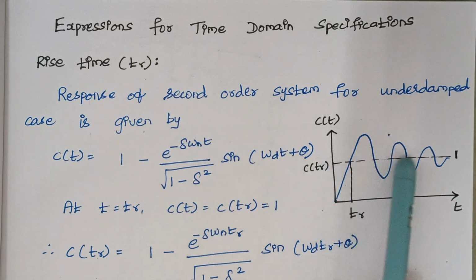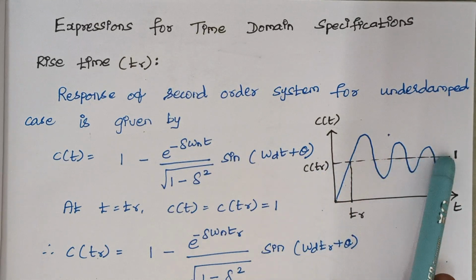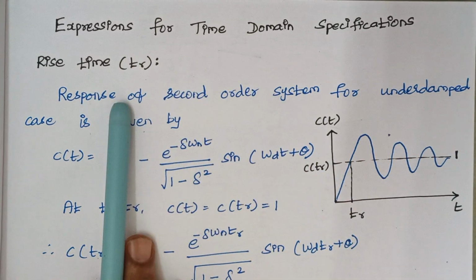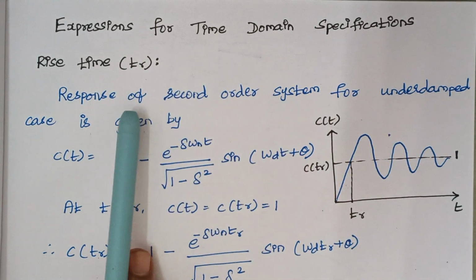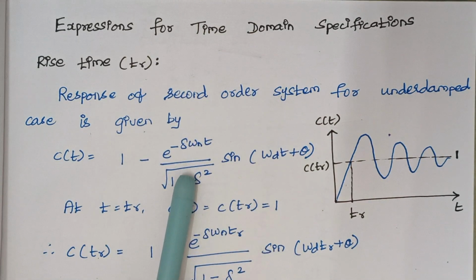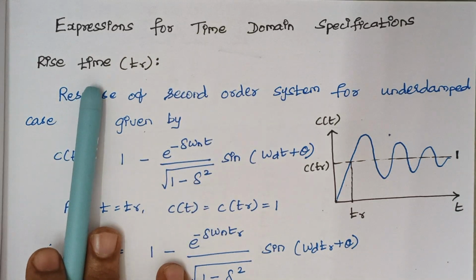So here what is the peak value? The expected value is 1 here. So the time taken by the response to reach this value is known as your rise time. Right. So here this is your expression, and from this expression now we are going to find the value for your rise time.